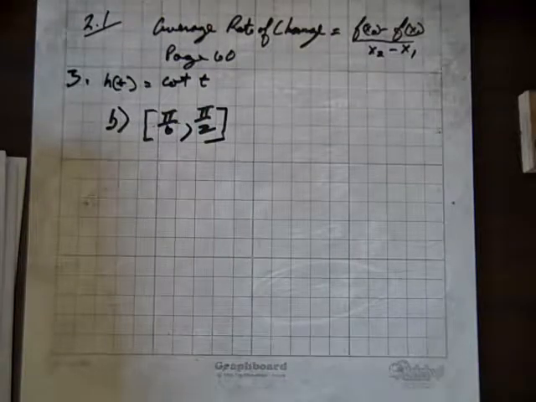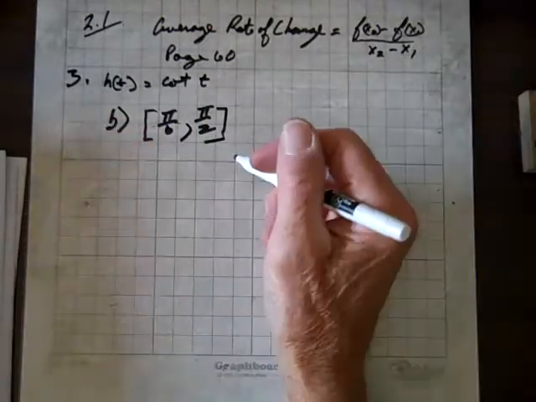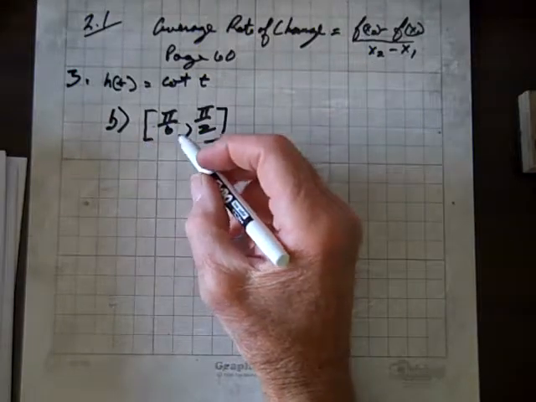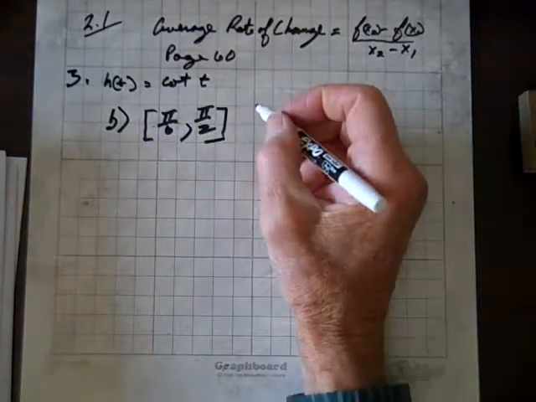Now, once again, we're doing the same problem 3, except we're doing it on the interval pi over 6 to pi over 2.